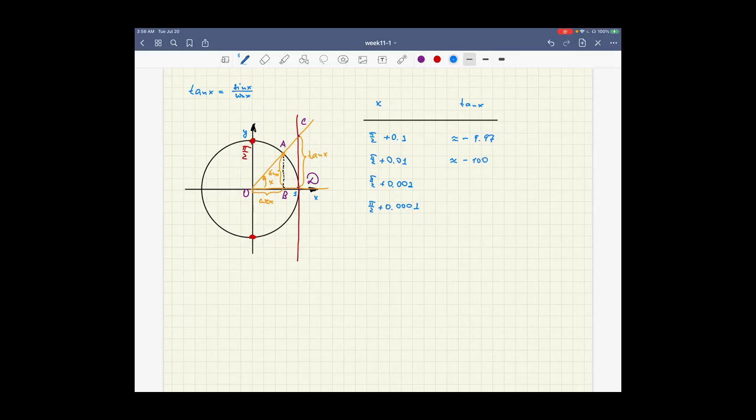If you add yet another 0, you will get approximately negative 1000. You add another 0, you will get approximately negative 10,000. If you add yet another 0, you'll get a value that's approximately negative 100,000.